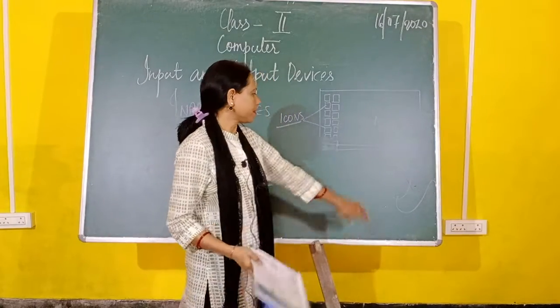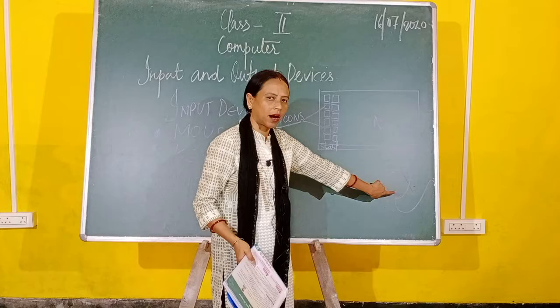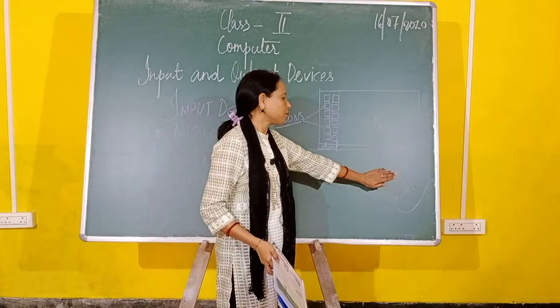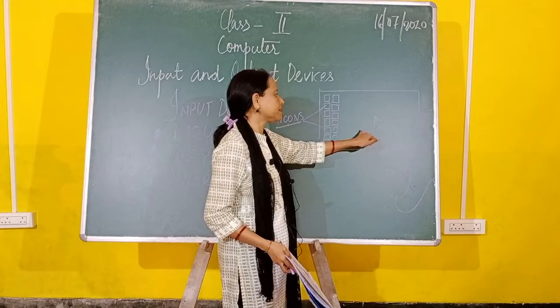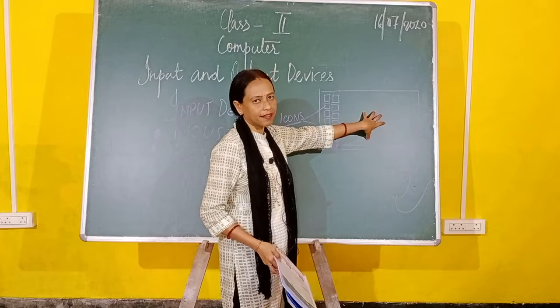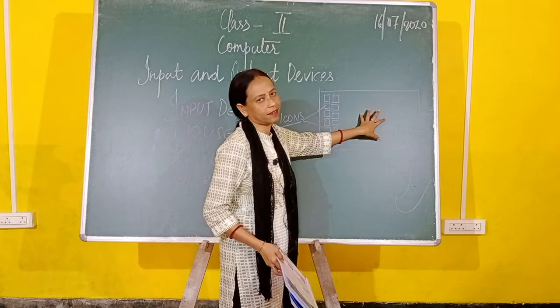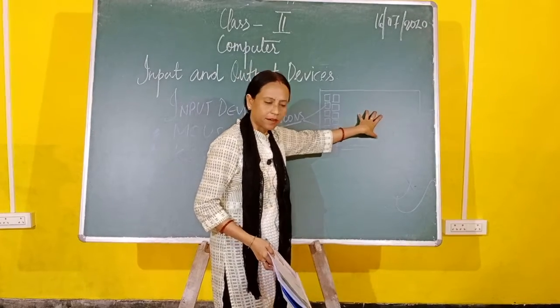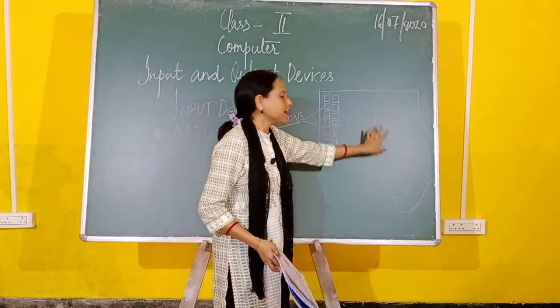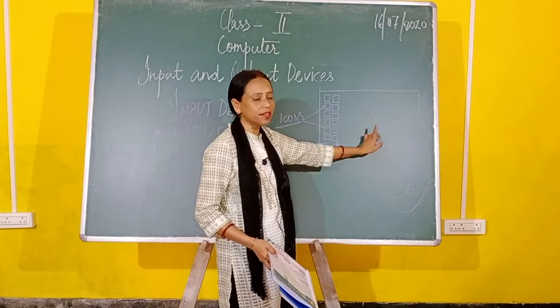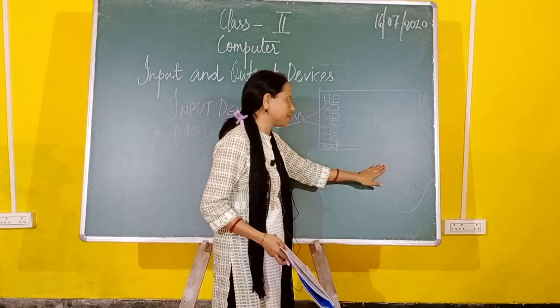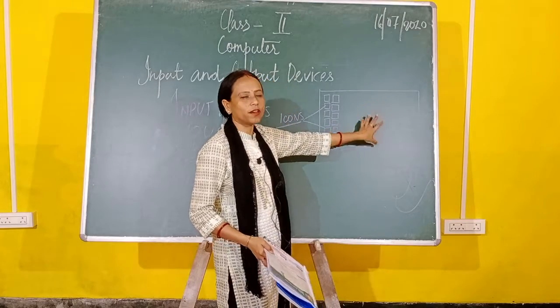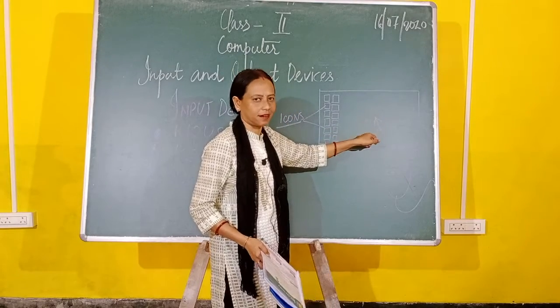This device is known as a mouse. When you move the mouse on the table, you'll see this arrow sign also moves inside the screen. That means these 2 are related to each other.